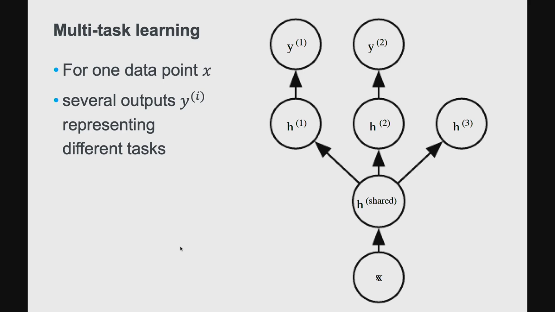Another one which is super helpful is multitask learning. So a typical process is the following. You have your object description, your X, then you have your feed-forward network. And the feed-forward network may have one hidden layer or even 10 hidden layers.